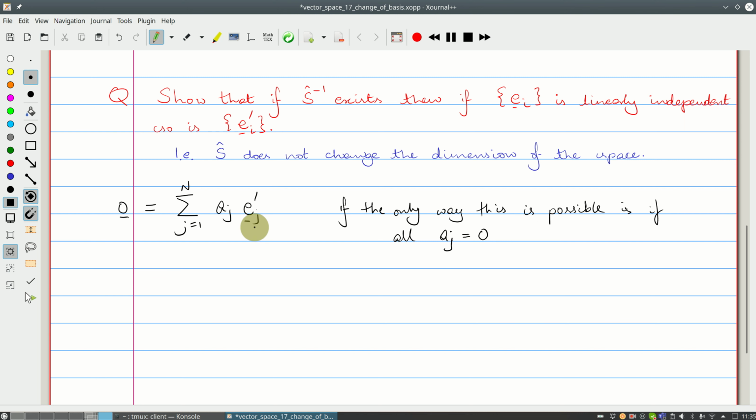Alright, so that would be okay. So if the only way this is possible is if all the a_j are 0, then this set of e_j prime vectors is linearly independent.